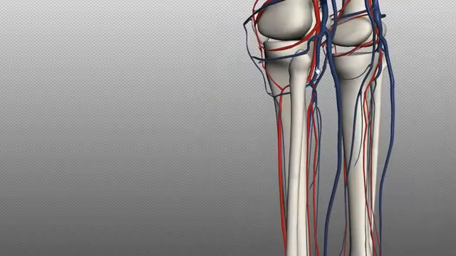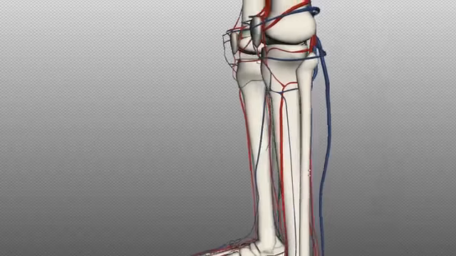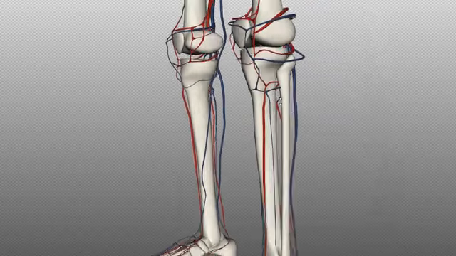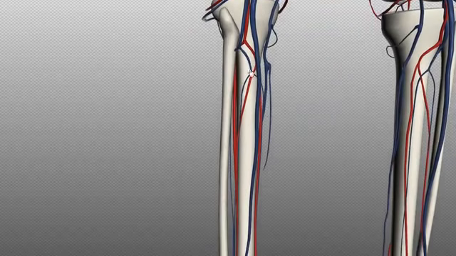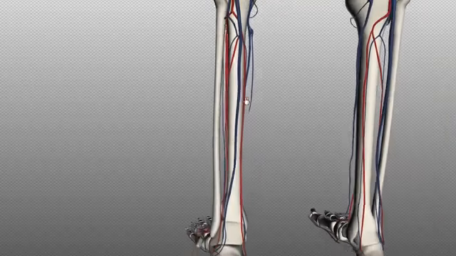The popliteal vein has a branch, the anterior tibial vein, which goes down the anterior aspect of the tibia, just like the anterior tibial artery. And then you've got these two veins. You've got the peroneal vein, which is also known as the fibular vein because it runs on the fibular side, by the peroneal muscle group, or the lateral muscle group of the lower leg.